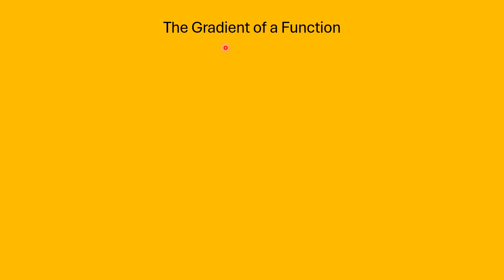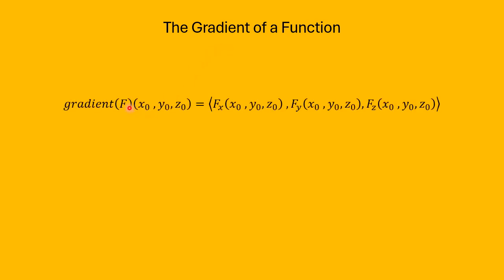So let's talk about the gradient of a function. The gradient of f evaluated at the point x0, y0, z0 is the following vector. The first component is the partial derivative of f with respect to x at x0, y0, z0. The second component involves the partial derivative with respect to y of f at that same point.